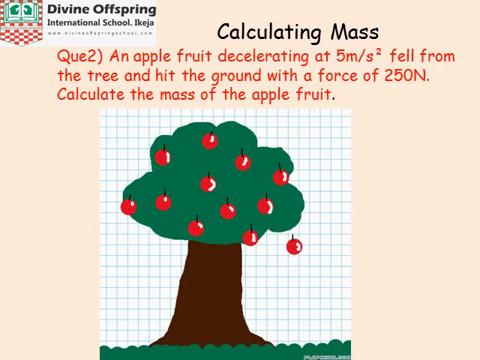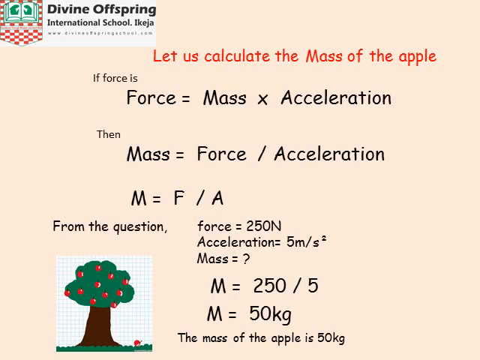The next question. An apple fruit decelerating at 5 meters per second square fell from the tree and hit the ground with a force of 250 Newton. Calculate the mass of the apple fruit. Now, what are we supposed to do with this?